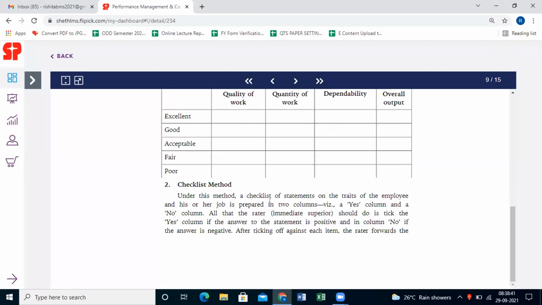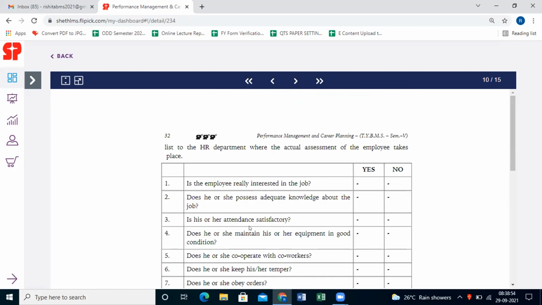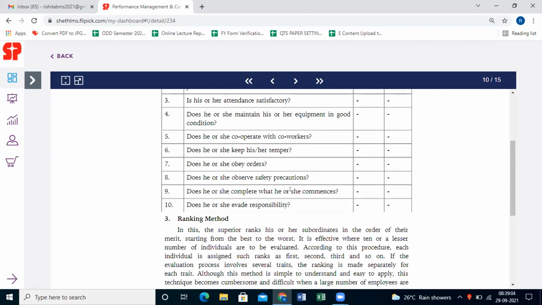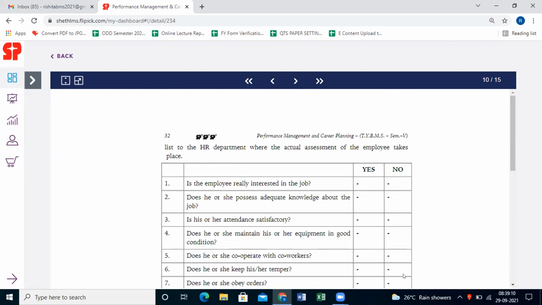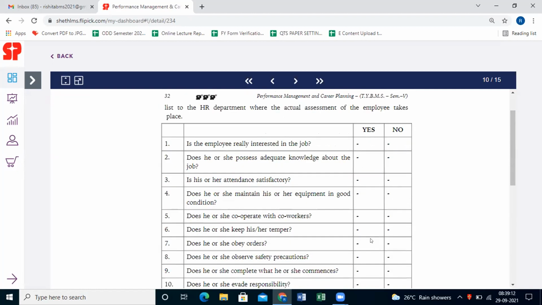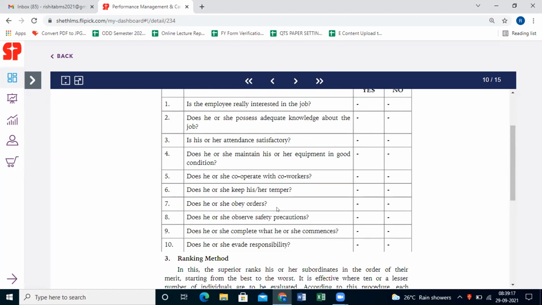After this, we have started with the checklist method, wherein a particular statement is mentioned and the HR or the supervisor is simply marking a yes or a no against the statements. For instance, is the employee really interested in the job? You will either put a tick to yes or a tick to no. And eventually, to such different statements, the overall yes or overall no is counted and presented in front of the HR department for the actual assessment.